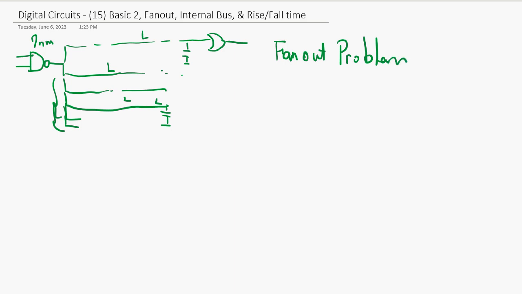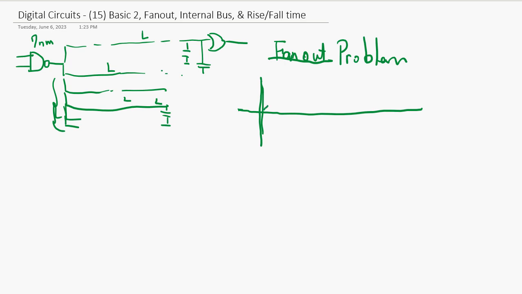The CMOS device is basically driving capacitance. The other gates are all capacitors, and the wire has capacitance. So when you exceed the fanout, you know the exponential function we went through in the analog circuit.